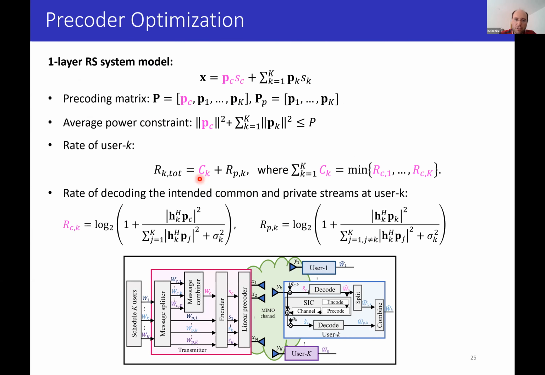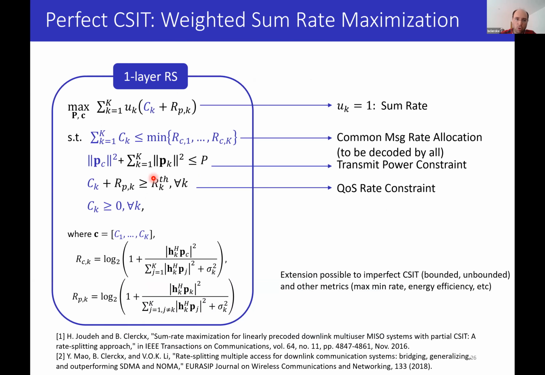Depending on how I allocate CK, do I allocate more to user 1, to user 2, to user 3, and so on, the rate of each of those users will change. And so this is important when we have a weighted sum rate, for instance. We try to maximize the sum of the weighted rate of user K. And the rate of user K, again, is given by CK plus this RPK.